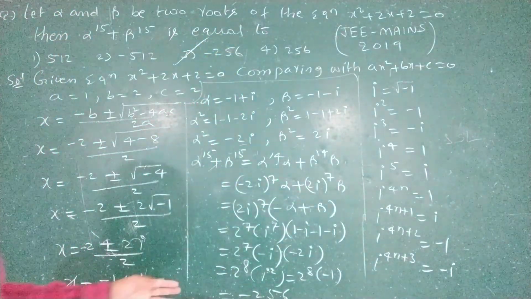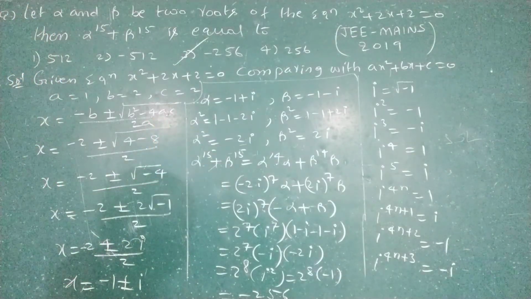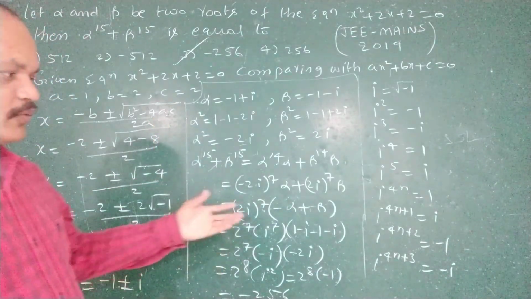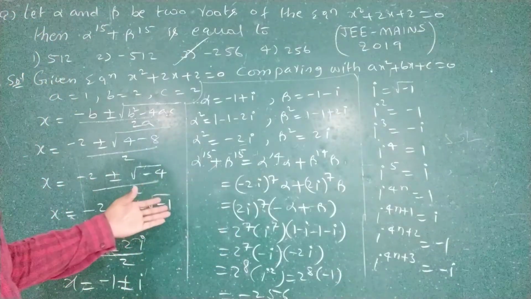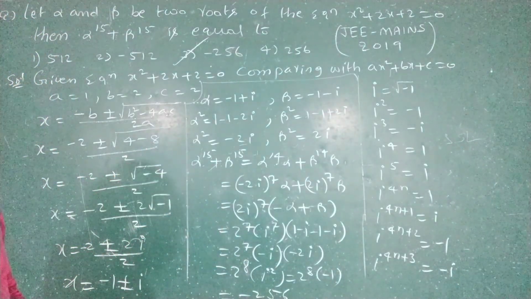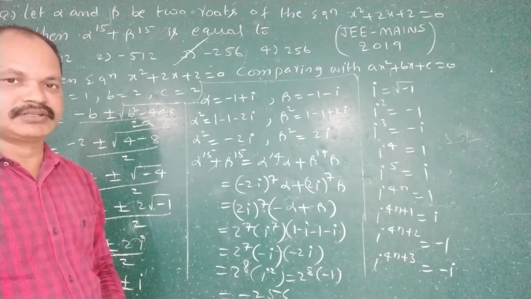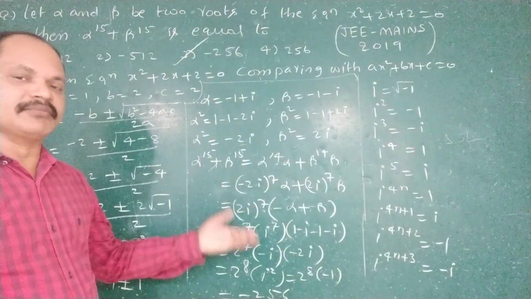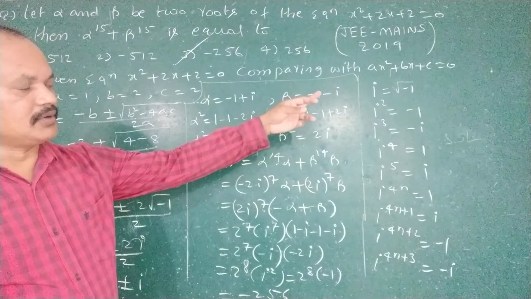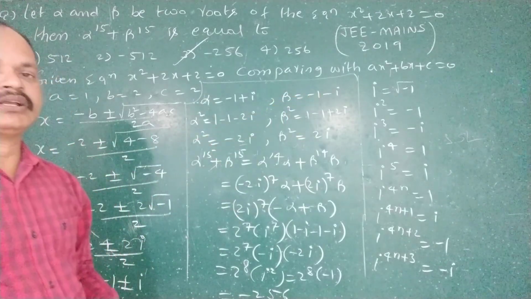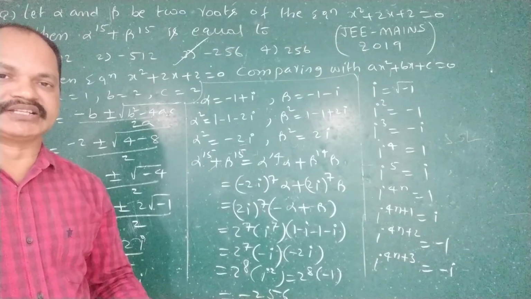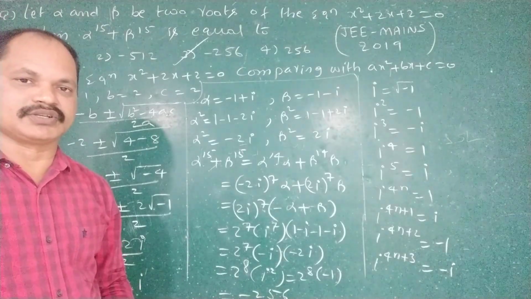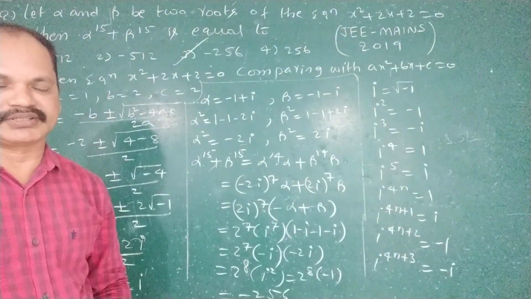This is a question from quadratic expressions and equations whose roots are complex or imaginary roots, since the roots involve the imaginary number iota. Generally, a complex number is always in the form a plus ib, where a is the real part and b is the imaginary part, and a and b belong to real numbers.